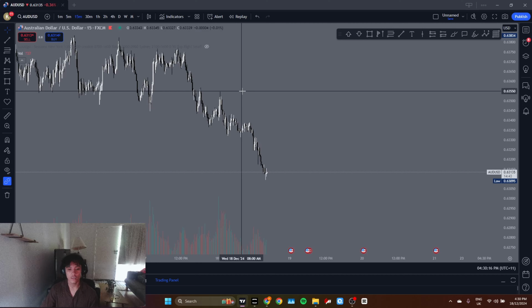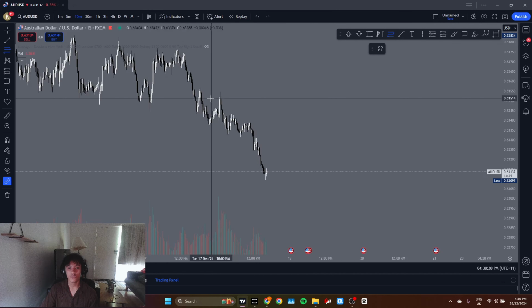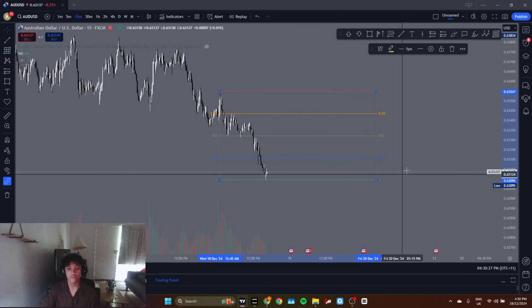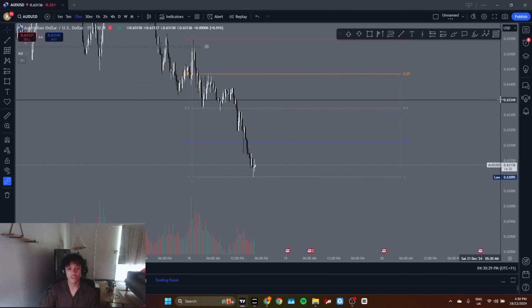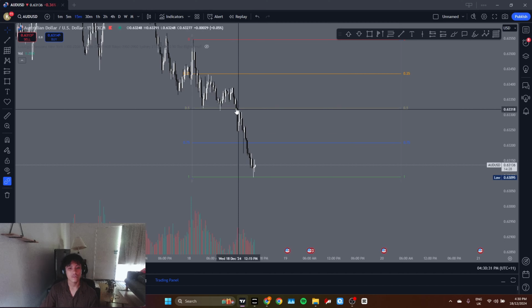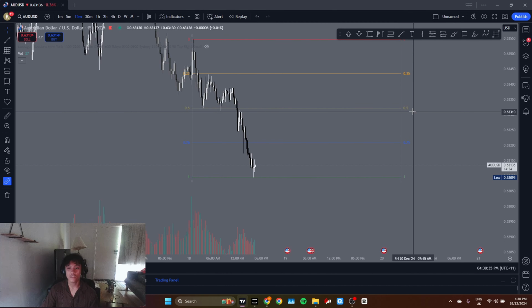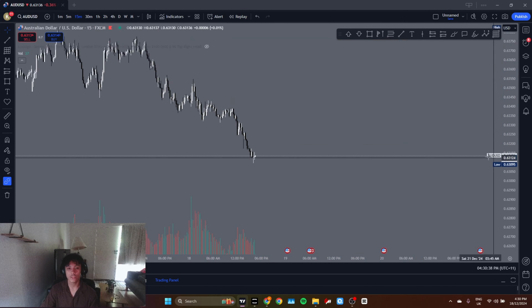So today's Wednesday. Let's look at this range here, from Wednesday to now. We are likely to retrace into the 50% mark of this range.